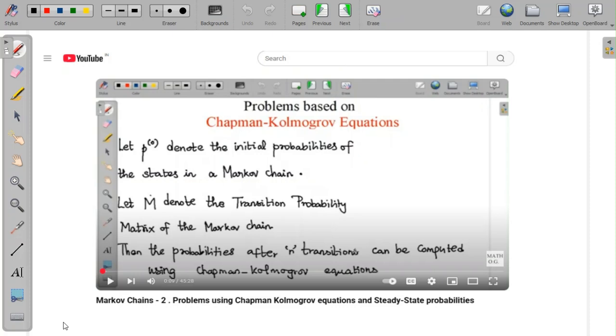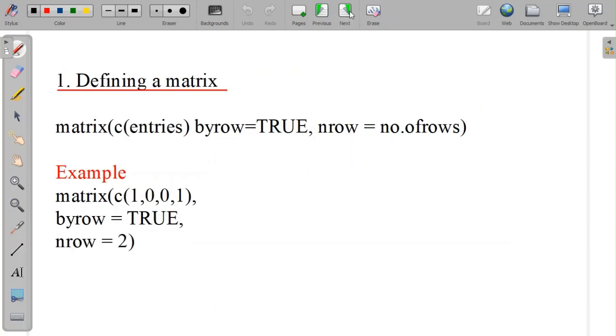Moving on, we'll look at the first function, defining a matrix. We'll define a matrix by listing all entries of the matrix, and then we'll give the important specification that the entries are to be read row wise. This is given by the command byrow equal to TRUE, because RStudio usually understands matrices column wise.